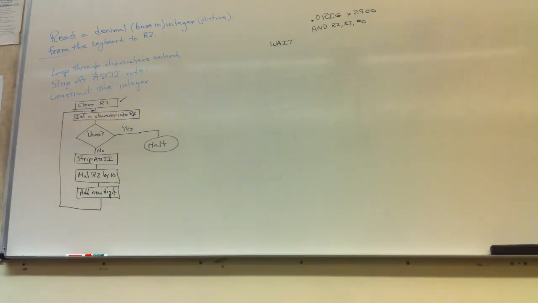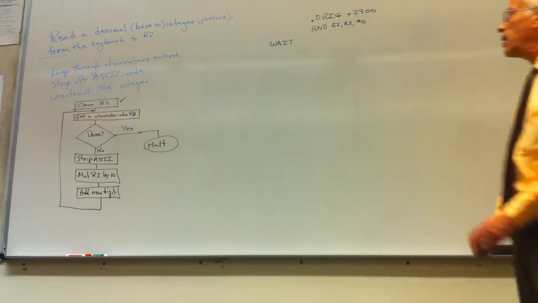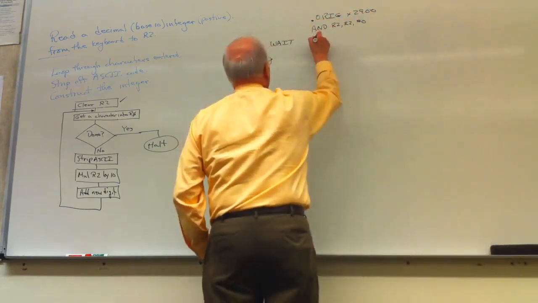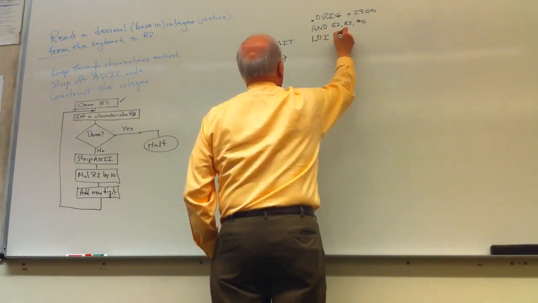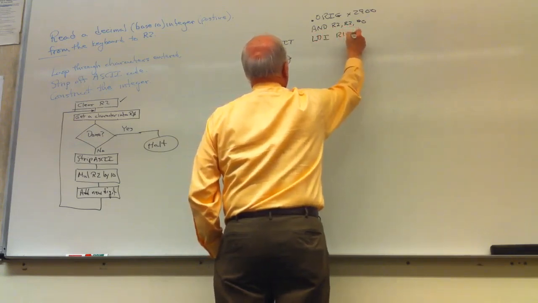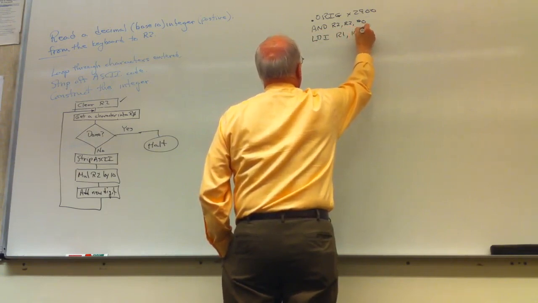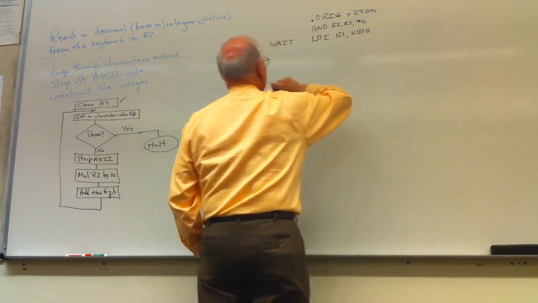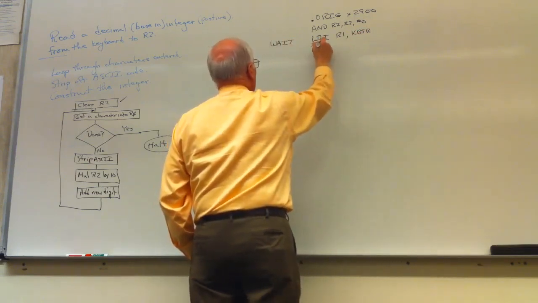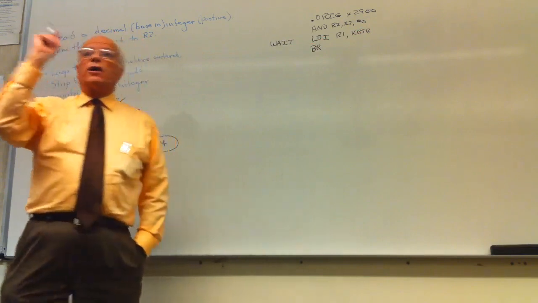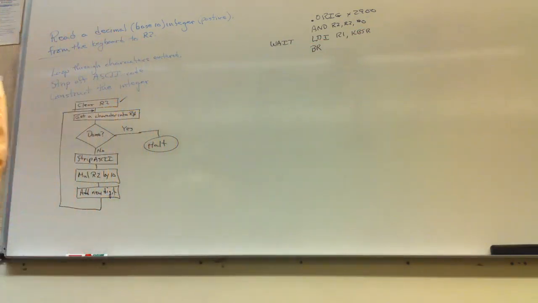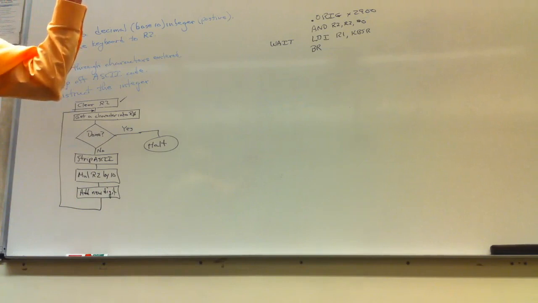So the way we typically handle this is we do a load indirect into register 1, the keyboard status register. Now, if there is a character out there in the data register waiting for us, that bit 15 will be set, which will make this number negative.